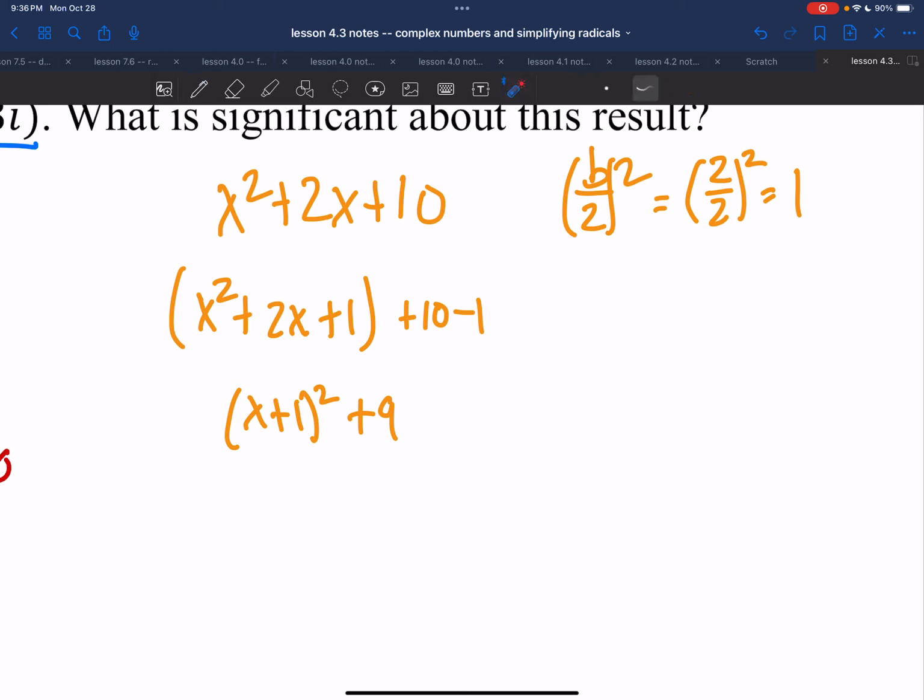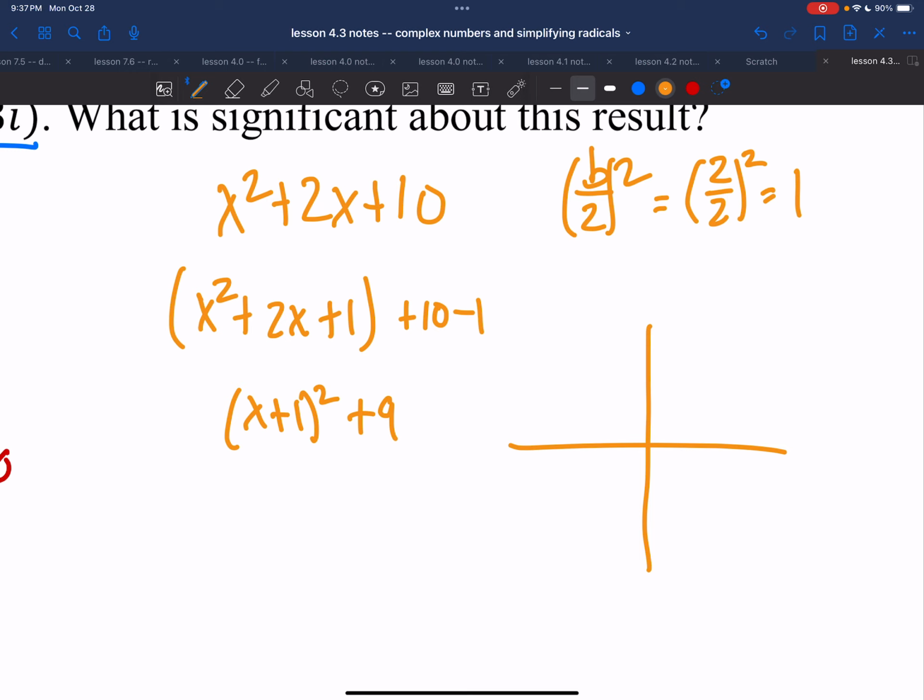Hey, if you didn't follow along with that, go watch lesson 4.2 on completing the square. What I'm basically showing everyone right now is that given standard form, you can write it in vertex form. And vertex form is cool because it tells you transformations, and transformations give you a sketch. Sketching a function quickly is a pretty useful tool, especially for calculus.